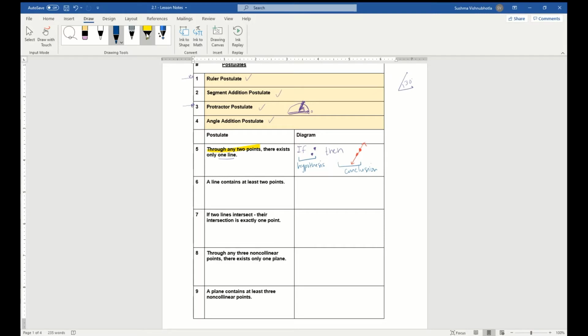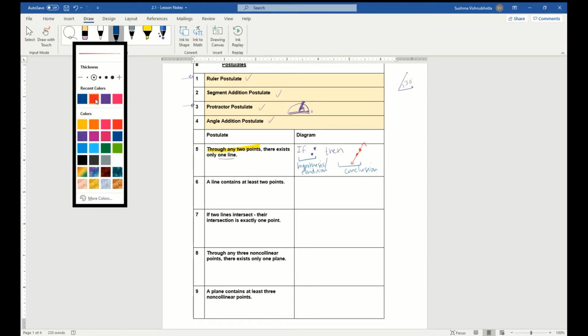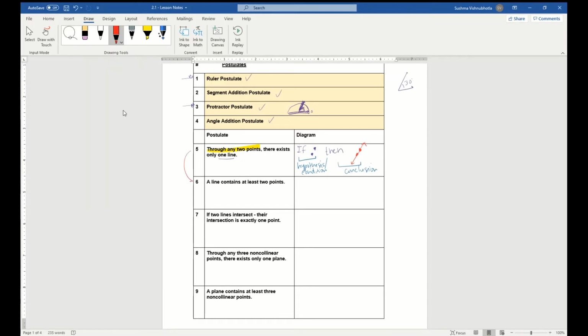Okay. Postulate 6: a line contains at least 2 points. And you can also think of, instead of hypothesis, you can think of this as a condition. So these two actually sound really similar, but it's really what my condition that I'm starting with is. And in this case, I'm starting with a line.